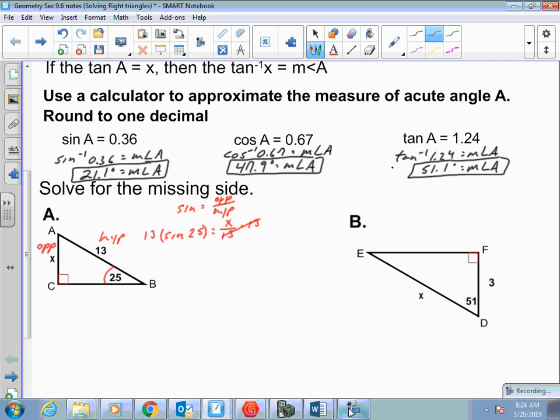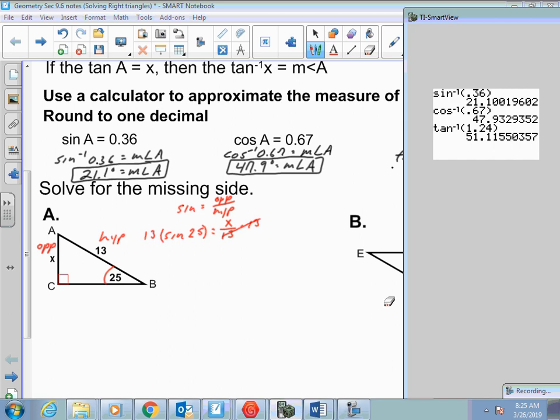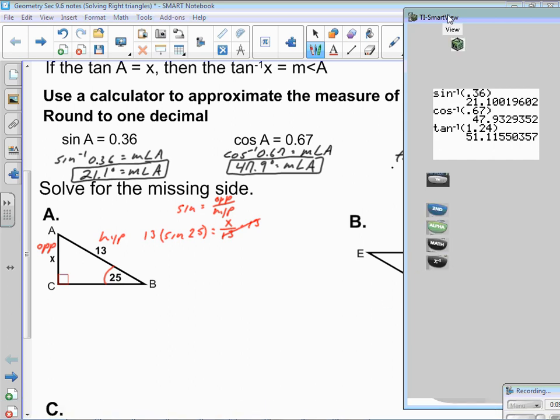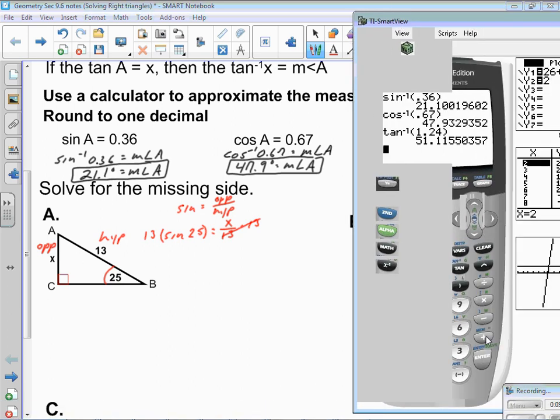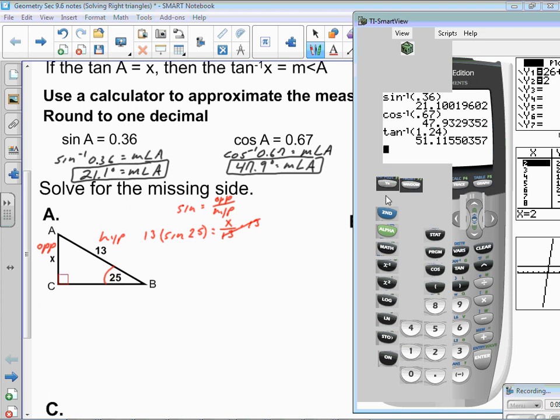And so now I can go to my calculator. It decides to load here. So 13 times the sine of 25.